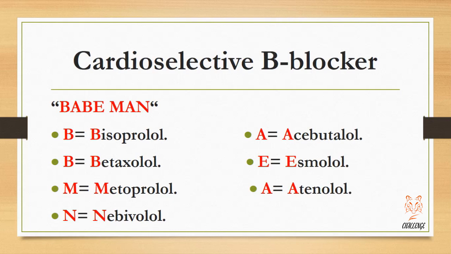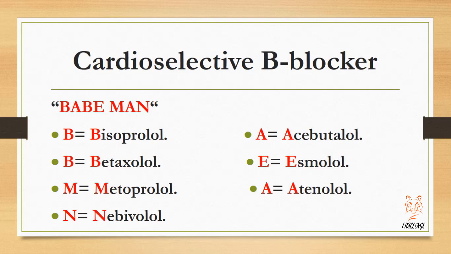But before we start to explain these mnemonics, what do we mean by cardioselective beta blocker? We mean drugs that act on beta 1 receptors that are found in the heart. As we know, there are two important types of beta receptor, which are beta 1 and beta 2 receptors.